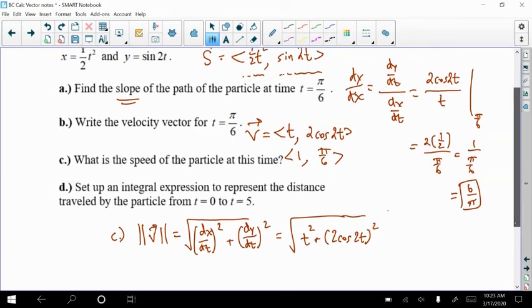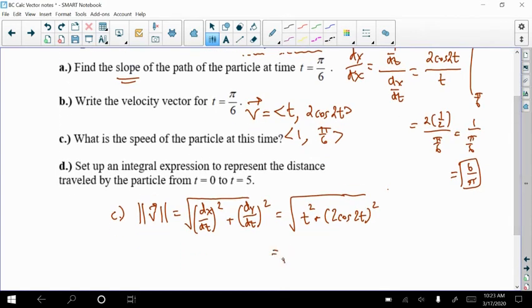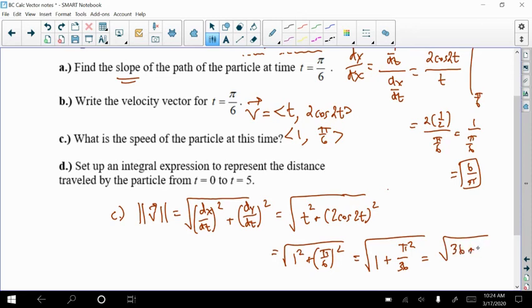So now we have the square root of 1 squared plus (pi/6) squared, which is equal to the square root of 1 plus pi squared over 36. If you want to combine that into the square root of 36 plus pi squared, over the square root of 36, which is 6, that is fine too.